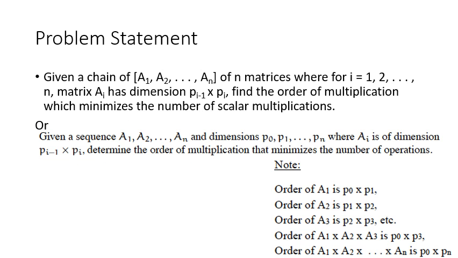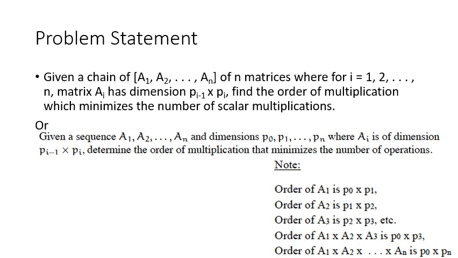Here is the formal problem statement for the problem of chain matrix multiplication. We are given a sequence of matrices A1, A2, A3 up to An with dimensions P0, P1 up to Pn, where any matrix Ai can be of dimension P of i minus 1 by Pi.